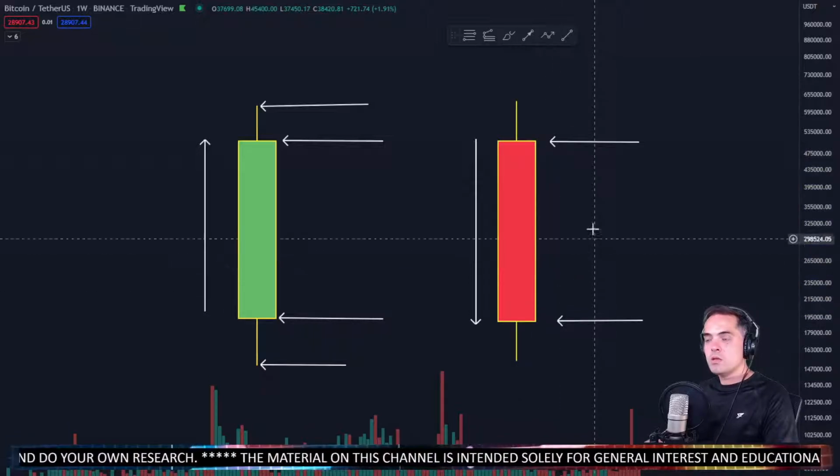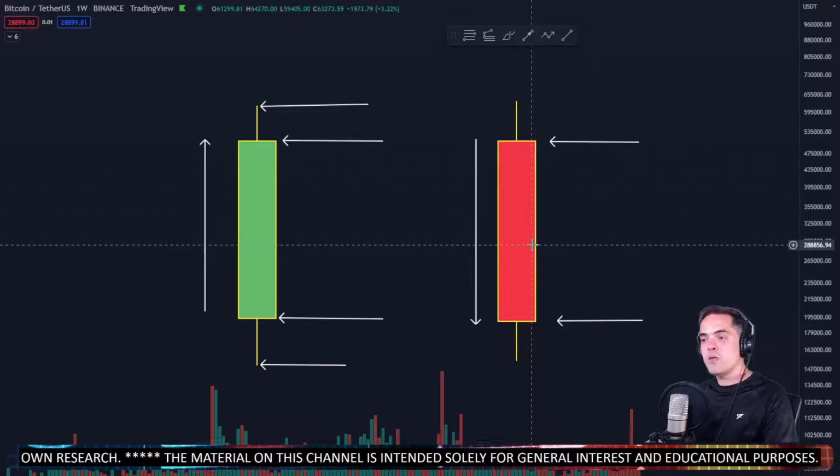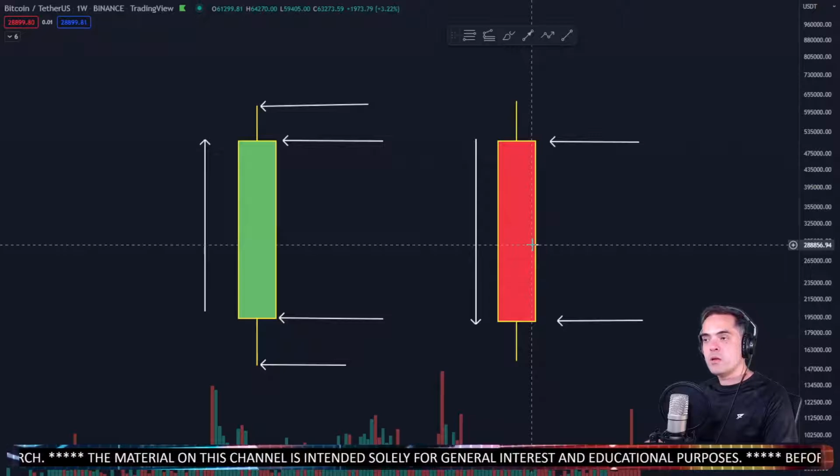So that's the movement of a bearish candle.